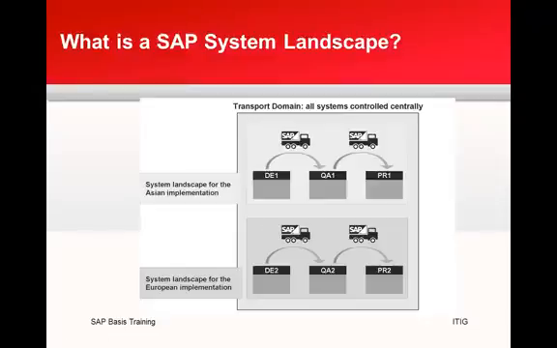This is one domain, where all the Asian countries are. In another domain you can have, say, Europe. The changes in the objects are transported from the dev system to the QA system to the production system in this landscape, and you can transport across the domains as well in case you create a domain link.